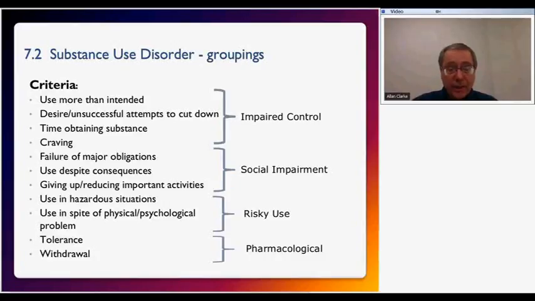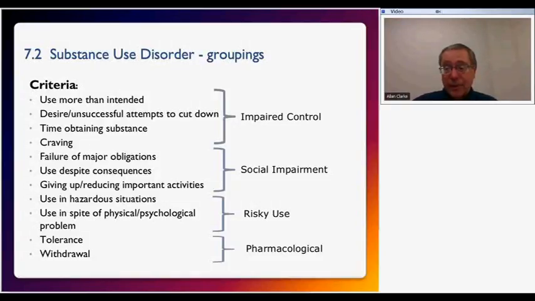Now, just as a side note, tolerance and withdrawal are only considered with substances that haven't been prescribed. Tolerance and withdrawal are characteristics of medications that are used to treat disorders, particularly pain. So it's not necessarily a sign that a person is an addict simply because they're on a medication for their treatment that they require.